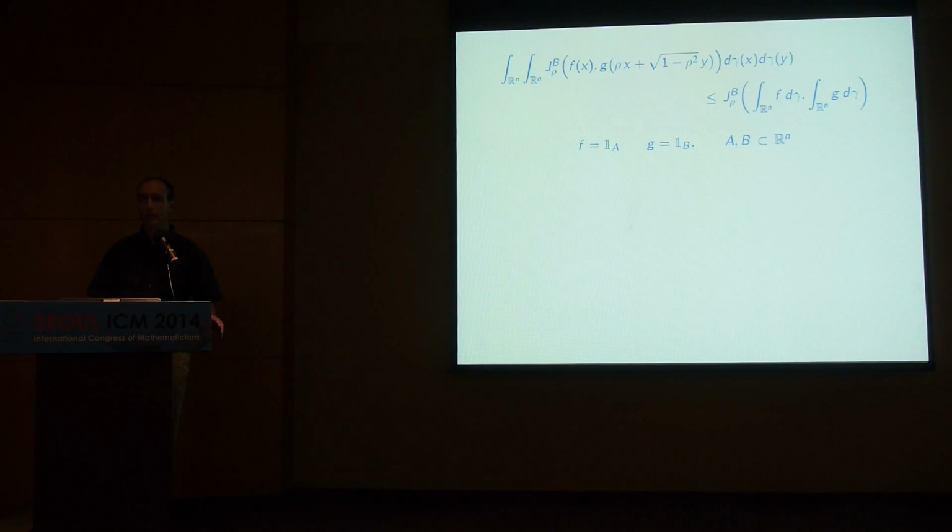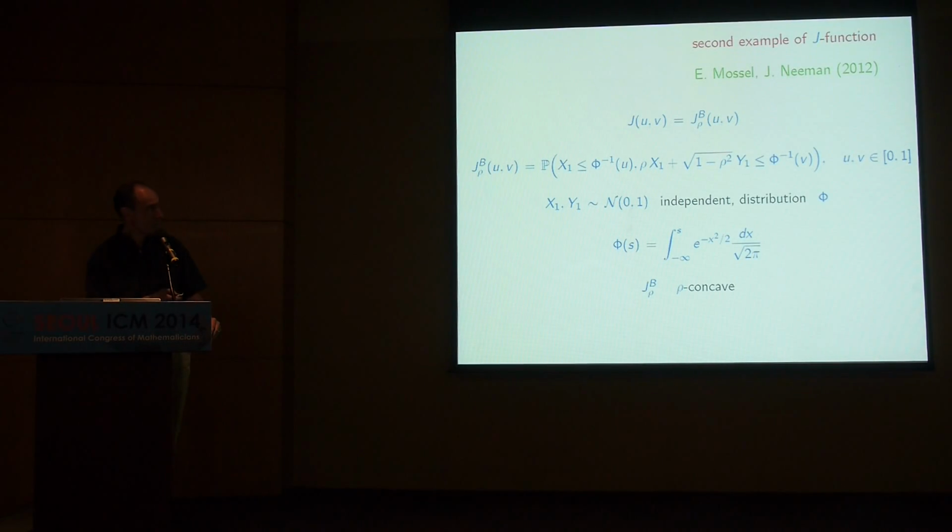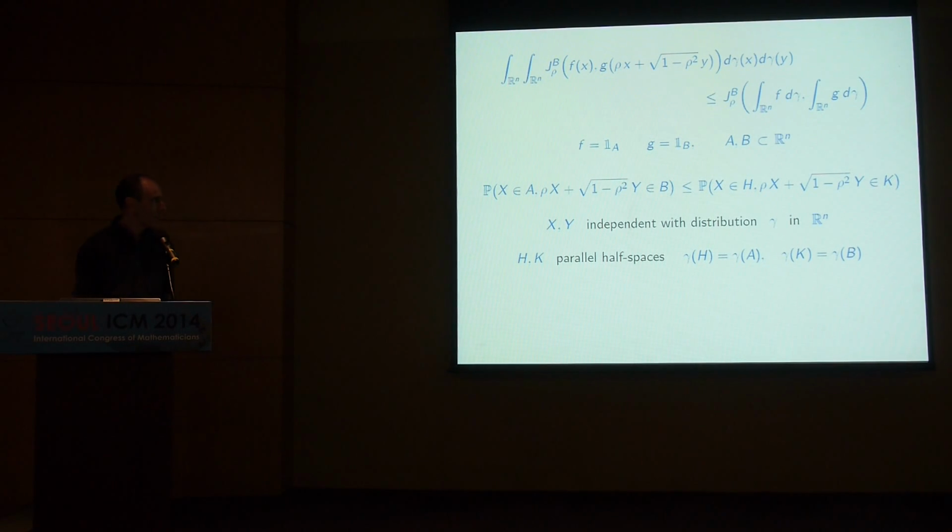In particular, the right-hand side is pretty easy because it's exactly J of the Gaussian measure of A and the Gaussian measure of B. And if you go back to the very definition of the function J, which is given in terms of the distribution function of the Gaussian measure in dimension 1, what you get is the following: the probability, on the left-hand side, that a couple of standard normals in R^n with correlation rho belongs to A cross B, for two Borel sets A and B, is bounded from above by the same quantity where A and B have been replaced by H and K, where H and K are parallel half spaces with the same measure as the initial sets A and B. So this is known as Borell's theorem.